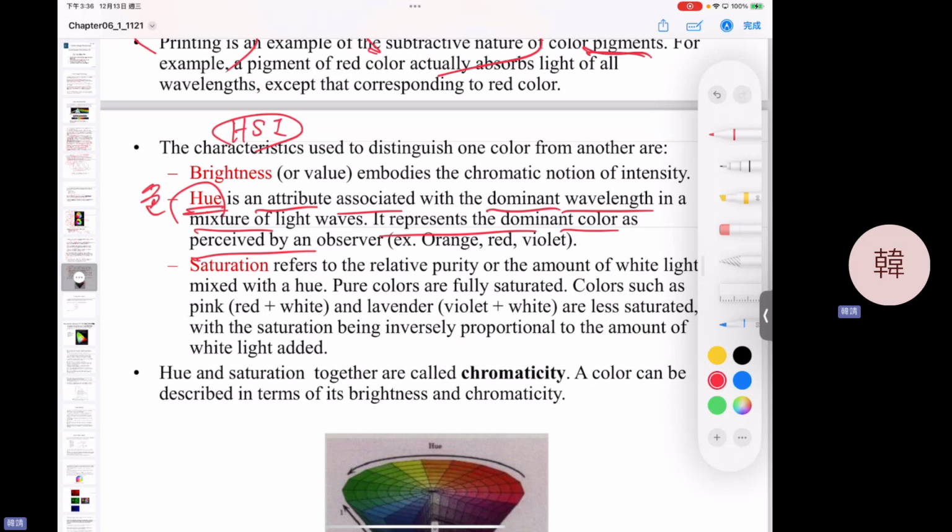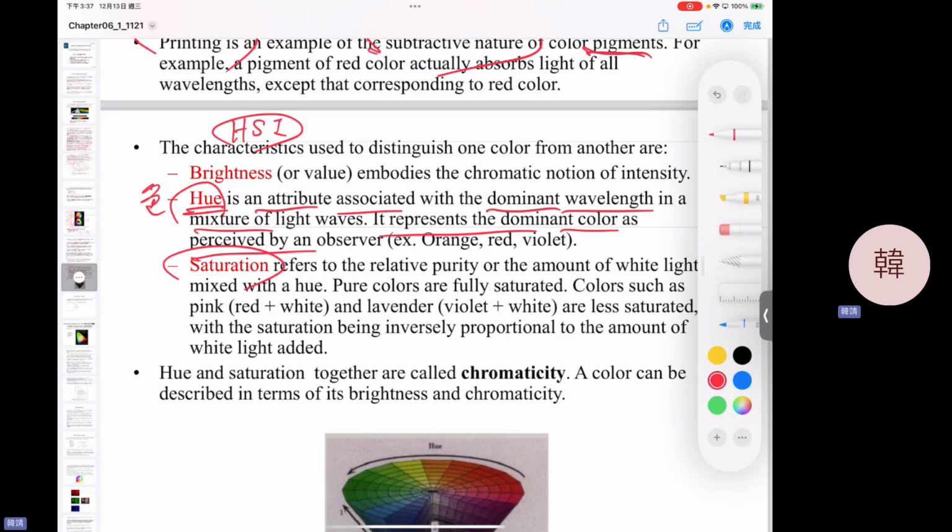The other one is the saturation. This is a very important color model because it's for the description of color. You never use the RGB color model to describe a color, because we cannot communicate with that. For example, you cannot tell me this student wears clothes of the color R equal to 200, G equal to 100, and B equal to 50.